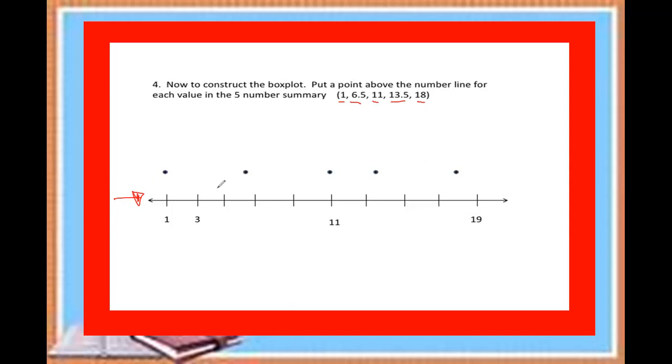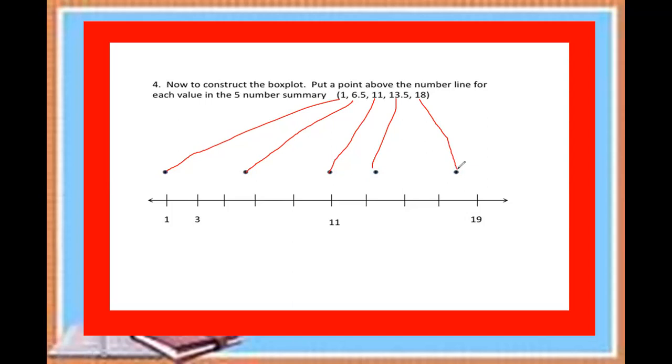Once you have the dots, you are ready to create the box plot. You have there as shown the 5 values: 1, 6, 11, 13.5, and the highest value, which is 18. So we plot those 5 into the number line.